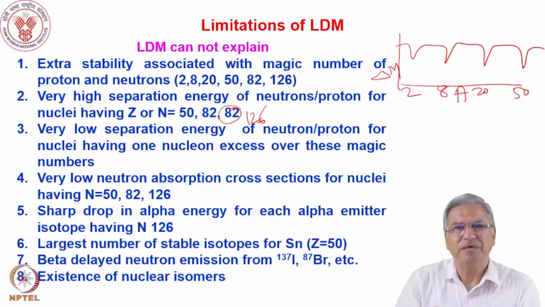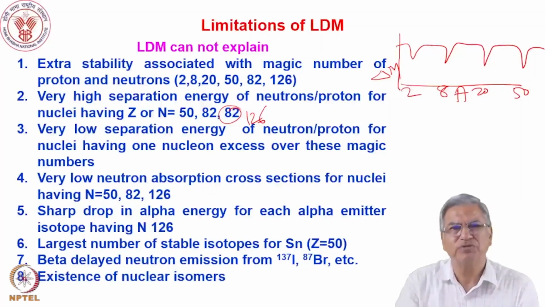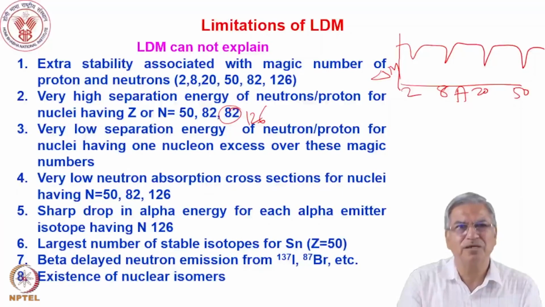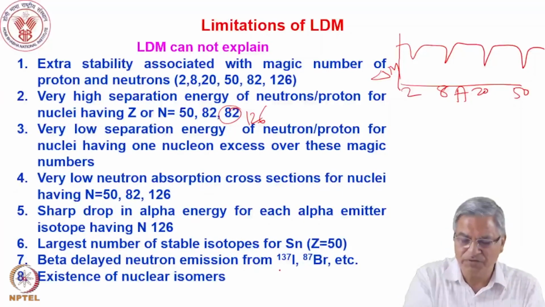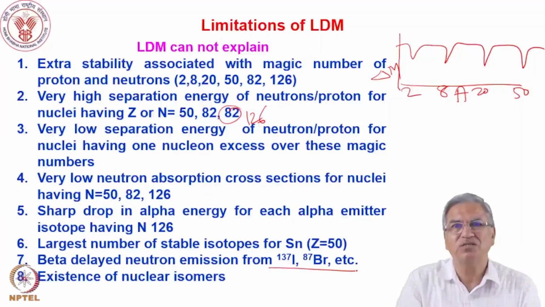Again, the magic numbers of neutrons and protons have a very large number of isotopes. Particularly with 50 protons, tin has a large number of stable isotopes. Again, stability. Other than that, there are other observations like beta delayed neutron emission. Certain isotopes like fission products, 137 iodine and 87 bromine, emit delayed neutrons.